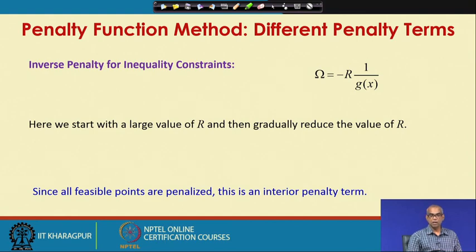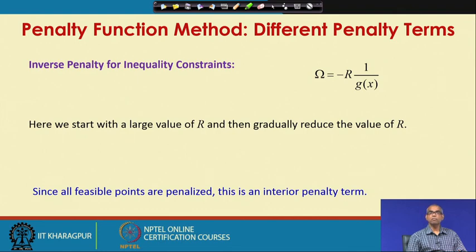So, by adding these penalty terms for inequality and equality constraints, you can formulate the penalty function. The penalty function will be formulated by adding these penalty terms to the objective function of the original nonlinear programming problem.